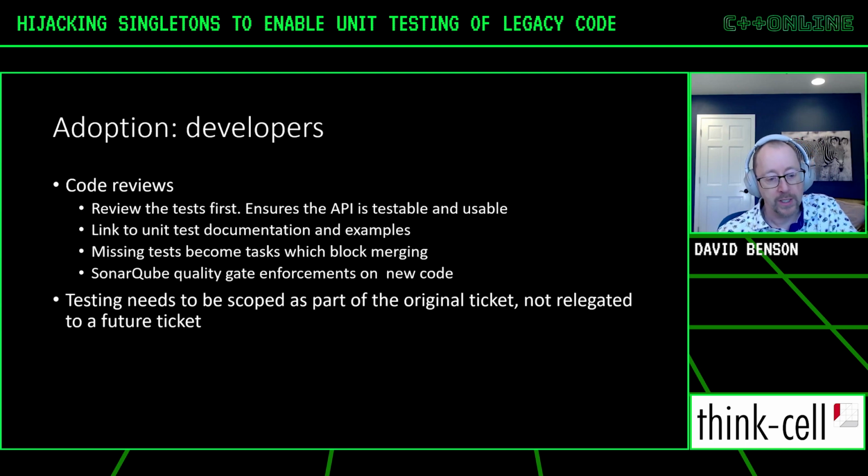No business side of the house is going to support stopping new feature development just so you can get to 80% unit test coverage on some piece of code because you think that's what you need. So it's slow, and there's a long tail of adoption.